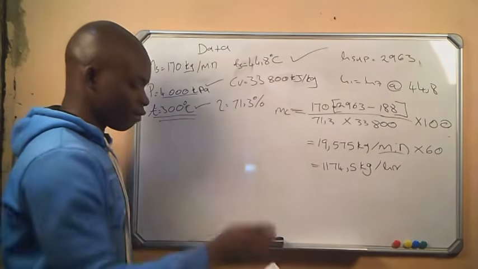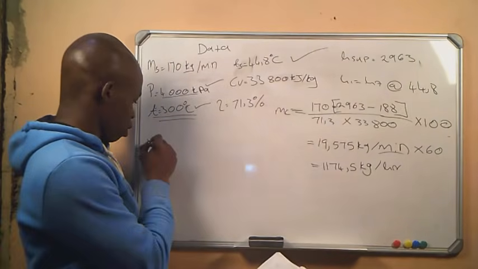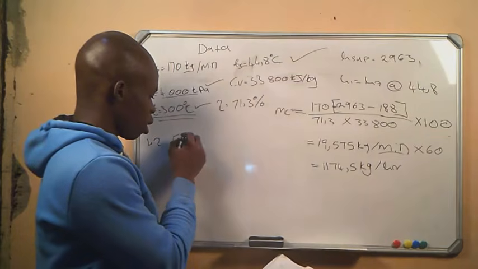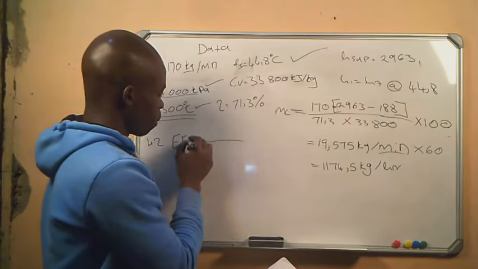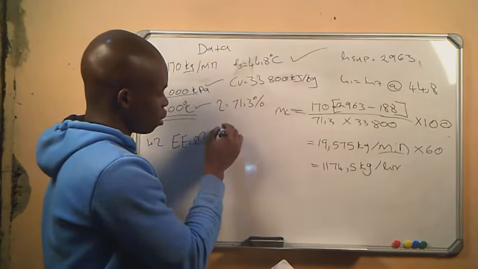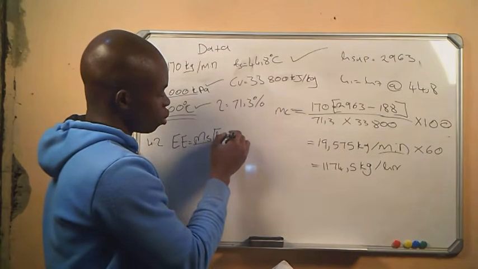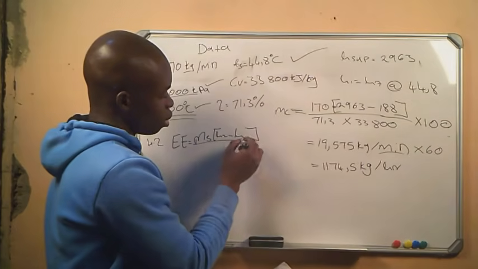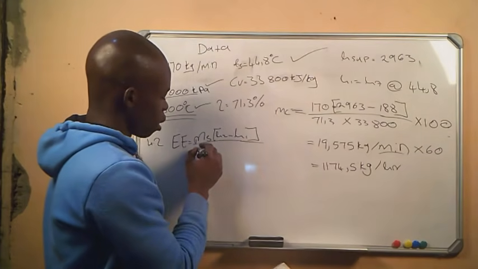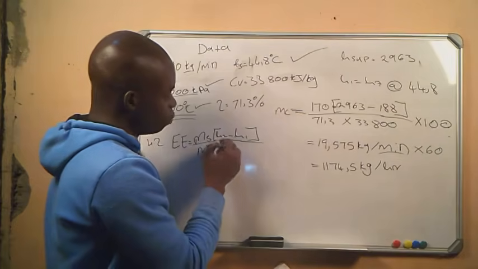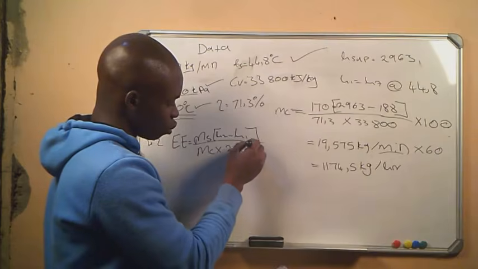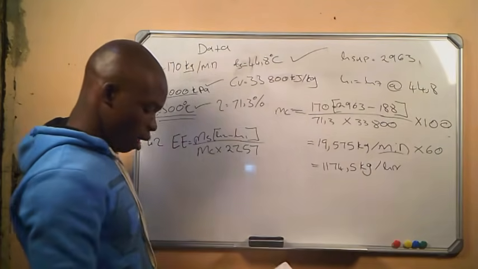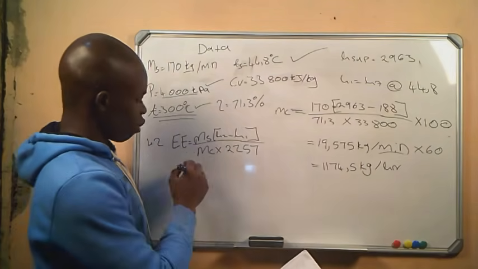We know that the equation for equivalent evaporation is given by ms (H2 minus H1) divided by MC, times 2257. Again, we put in our values.